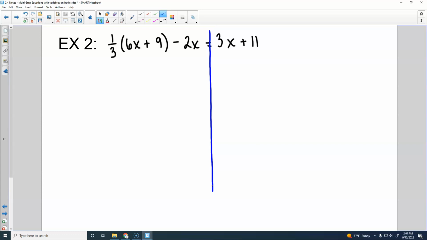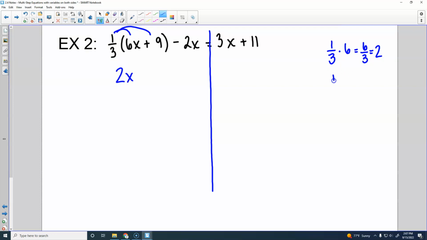Alright, Rosalind, what will we do first on this one? Distribute. Very good. Now, we got to distribute 1/3. 1/3 times 6. What's that going to give us, Rosalind? Very good. Which is 2. So I'll have 2x.